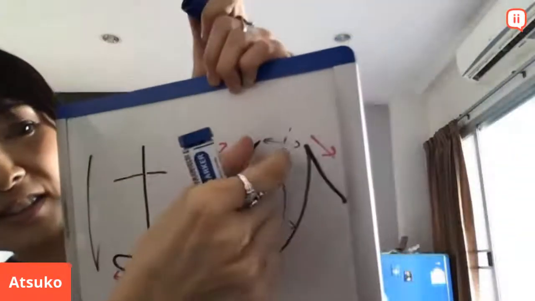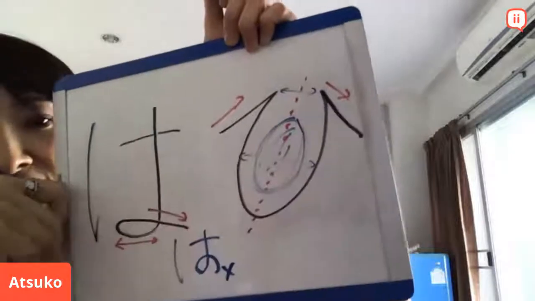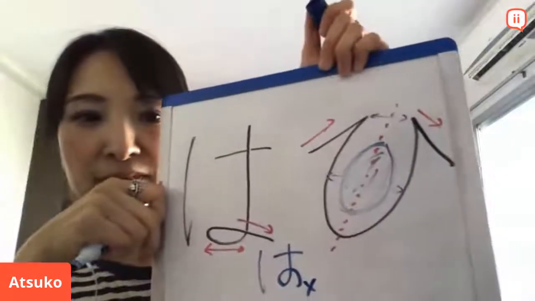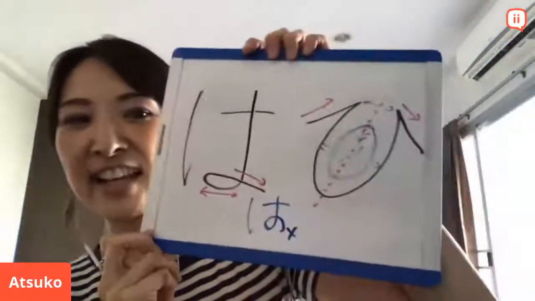Okay? Wider. You can see. So the image of it is like this and this. Okay? Beautiful.